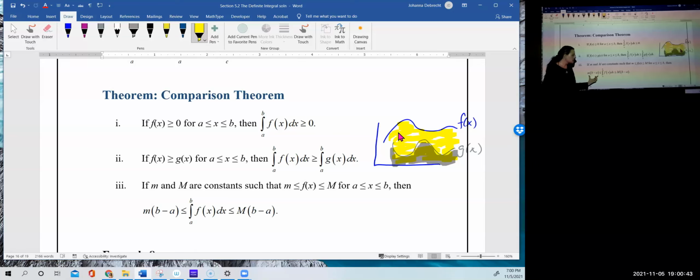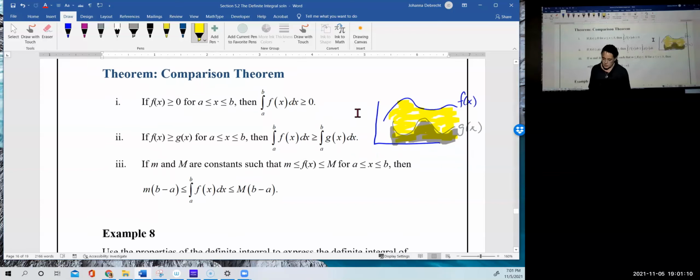In other words, this is sort of like taking the area of a rectangle of height lowercase m and width b minus a, and another rectangle of height uppercase M and width b minus a, and saying, well, if M is always bigger than or equal to the function, and the function is always bigger than or equal to lowercase m, then certainly those areas follow the same ordering.